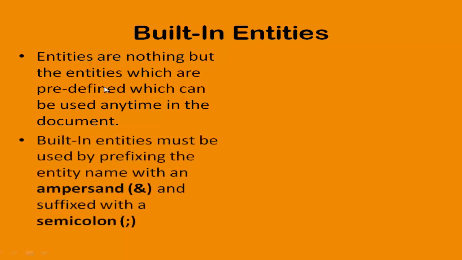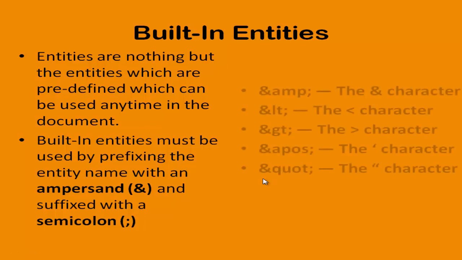And these built-in entities must be used by prefixing the entity name. The entity name can include the lesser than symbol or any other special characters. This entity name must be prefixed with an ampersand and suffixed with a semicolon, and it looks like this.